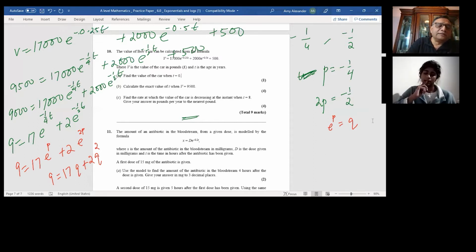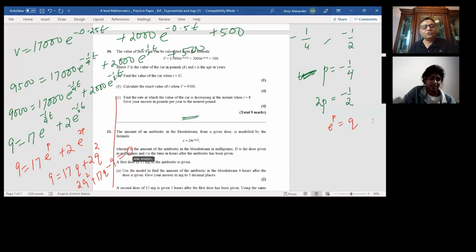So I could now write this as 2q squared plus 17q minus 9 equals 0. So we want 18 minus 1 to give us 17, right?